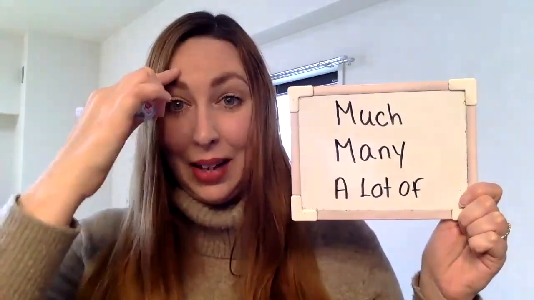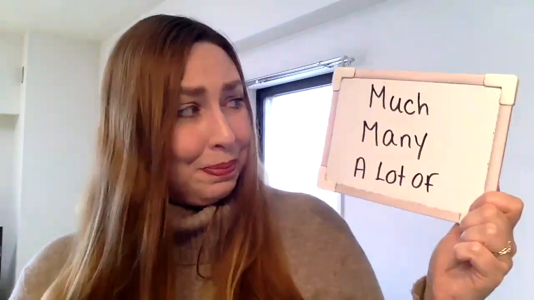Okay, so I think a lot of students know that we use much for uncountable nouns. So what is an uncountable noun? Well, an uncountable noun is a noun that doesn't have, or we don't use, the plural form.